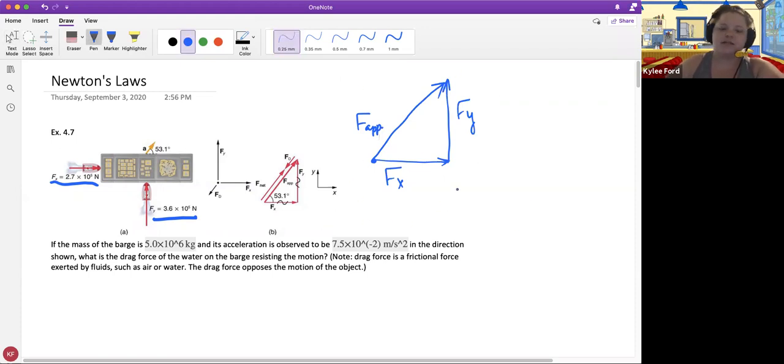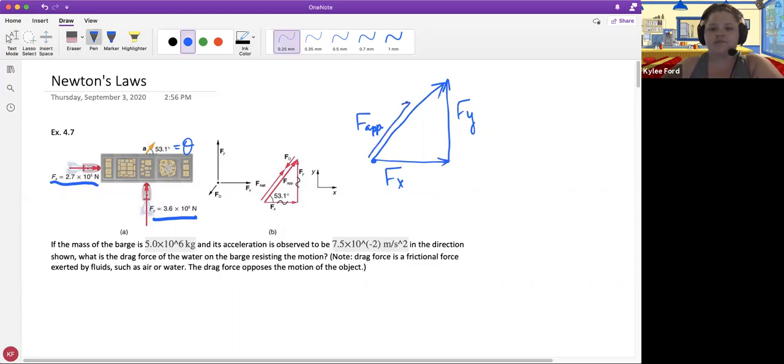Okay, the next thing would be that it told us that the barge has some mass and an acceleration. So that acceleration is telling us that the barge is moving, with some acceleration in this direction, and we can call that theta. So the barge is moving in some direction this way. Okay, so if it has some acceleration, that means that it has some force, right?